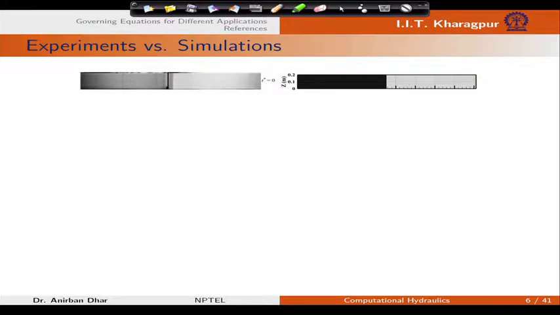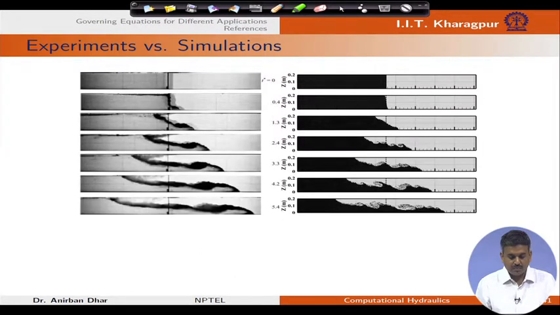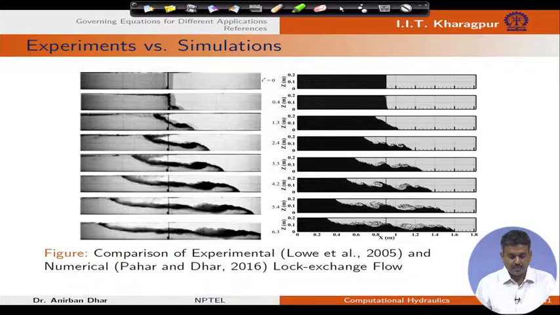Now, in our previous lecture, we saw that if we perform the experiment of 2 density fluids, that is lock exchange flow, from experiments we can get information about the system, and from the numerical case we can simulate the corresponding variation with the help of computers.